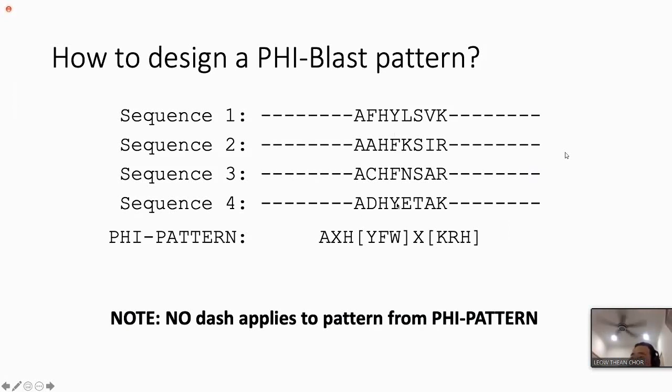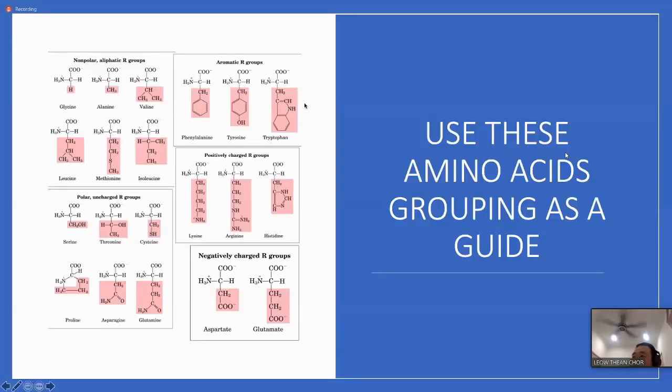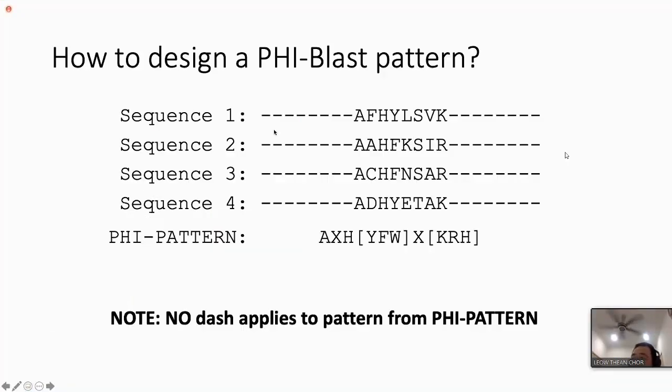Under the group of ring amino acids, there are 3: phenylalanine, tyrosine, or tryptophan. So you can provide a choice here in brackets: tyrosine, phenylalanine, and tryptophan.